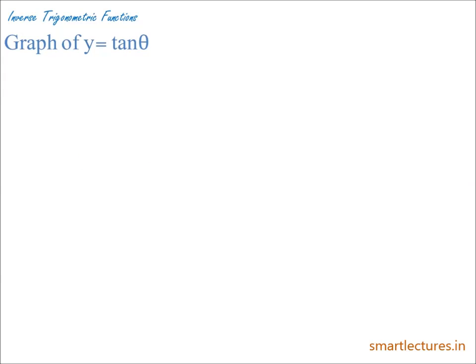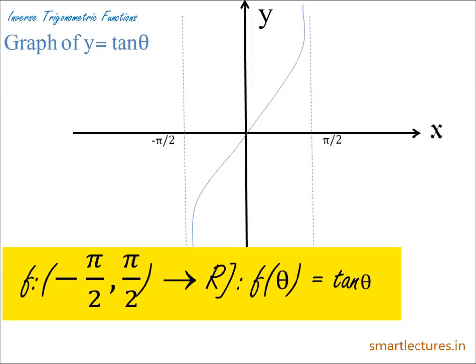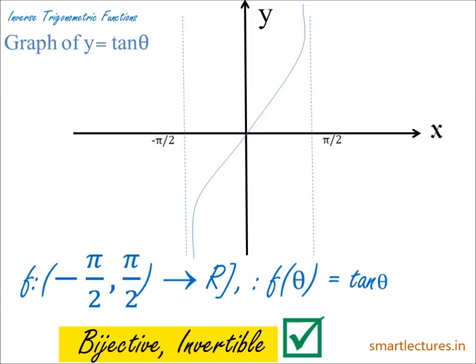The function y is equal to tan theta is defined as the function f from the open interval minus half pi to half pi to the set of all real numbers such that f of theta is equal to tan theta. And in the open interval minus half pi to half pi, the given function is also bijective and therefore it is also invertible.